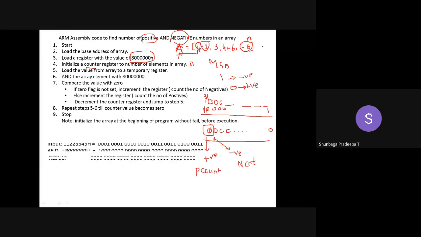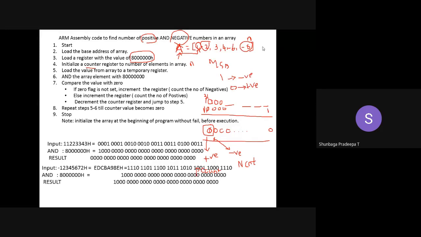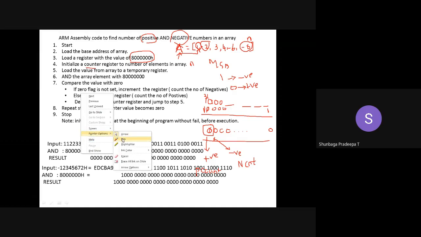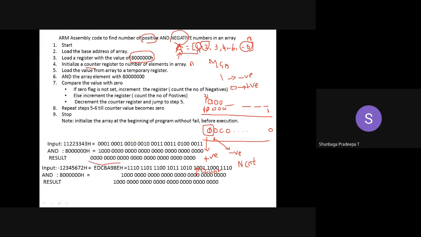I will just show you with an example. Suppose my input is 11223343. The equivalent binary is this, and we AND it with 8 followed by 7 zeros. If you perform this, it will be all 0, so it is taken as a positive number.